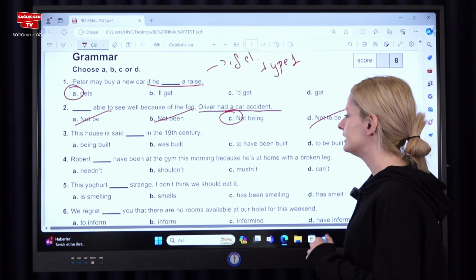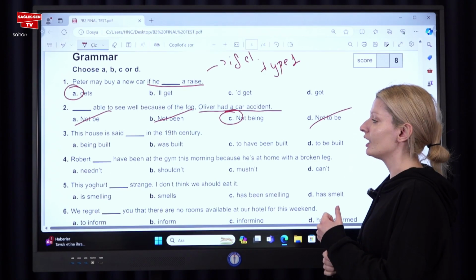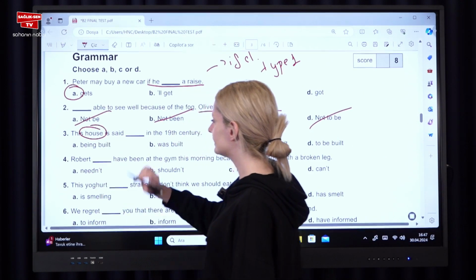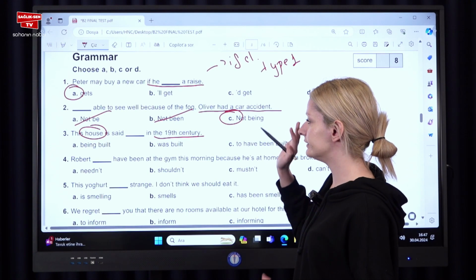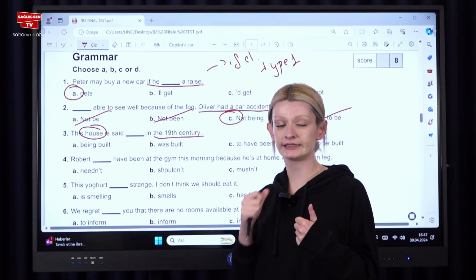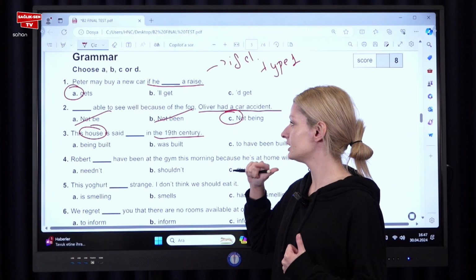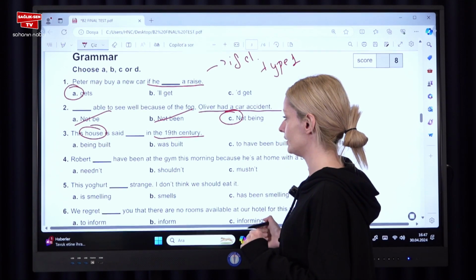"This house is said blah blah in the 19th century." In this one, we have a classic passive voice structure. The house didn't build itself, someone else did it. So we are going to choose the correct tense and the correct form of passive voice.